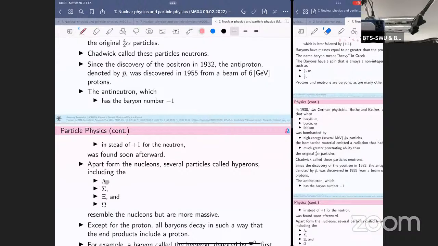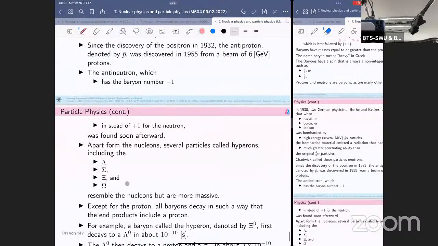They are called lambda hyperon, sigma hyperon, xi hyperon, and omega hyperon. Those resemble nucleons that are more massive. Whether you have proton or neutron, they are much bigger than what we have in the nuclei.